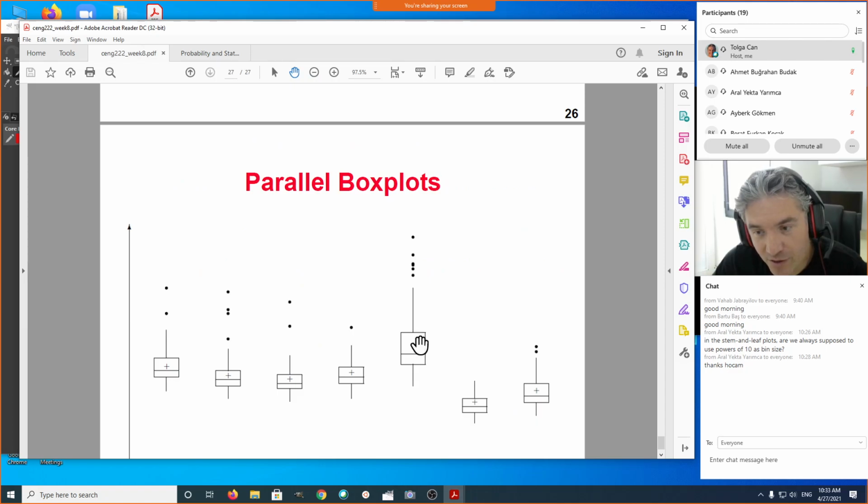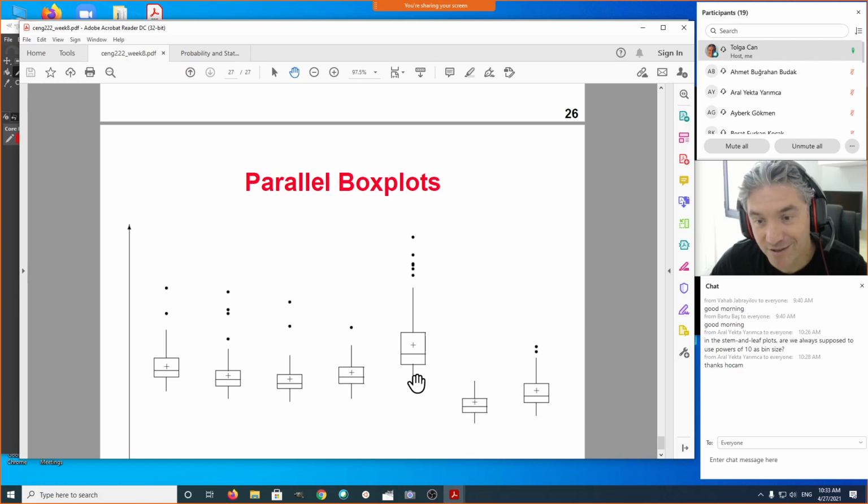The whiskers that you see here, if they extended exactly 1.5 interquartile range, the length of the whiskers at the top and the bottom would be the same, right? Because 1.5 interquartile range is a single number. If you extend from Q1 that size, it will come here, and it will come here if you extend the same size. So they would be exactly the same length.